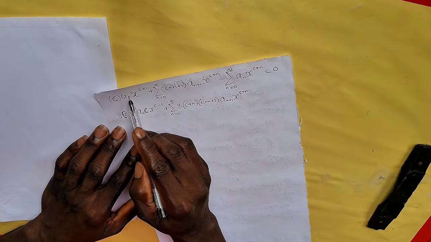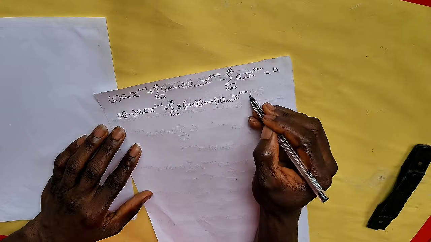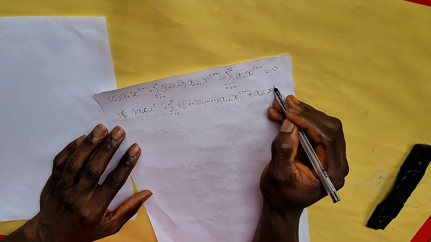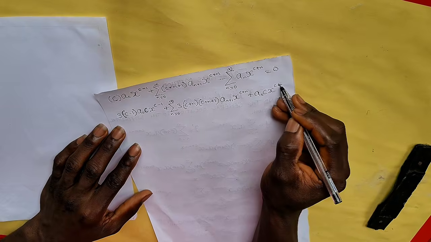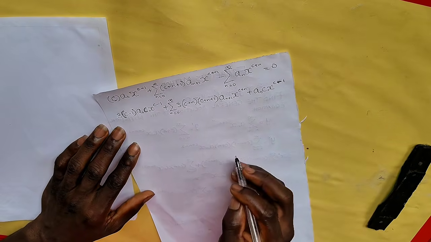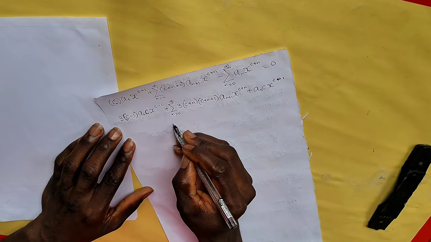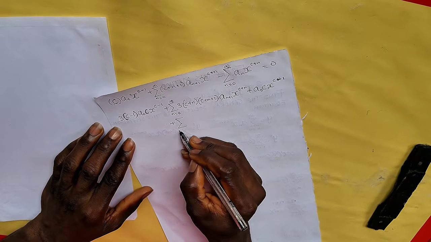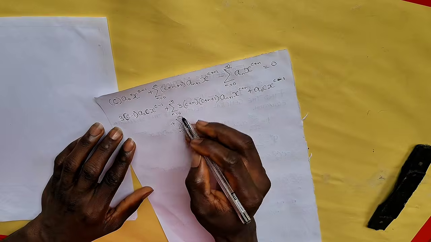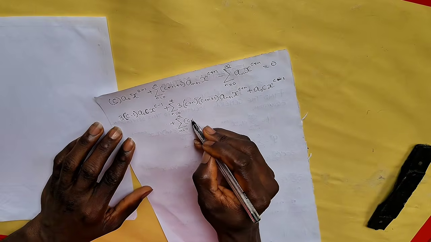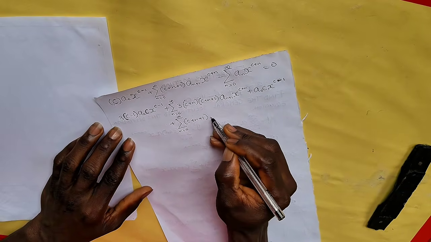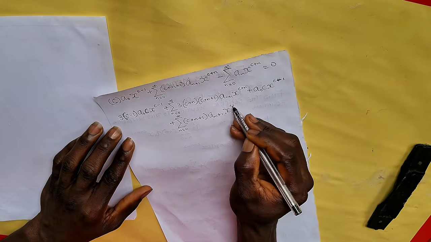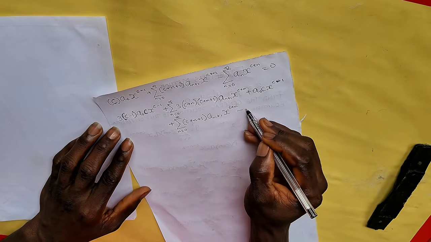Then for this one, a naught times c will give me plus a naught c, times x^(c-1), so that's minus 1. And I'm going to continue the rest here: the summation of n equals 0 to infinity of c plus n plus 1, a_(n+1), x^(c+n).